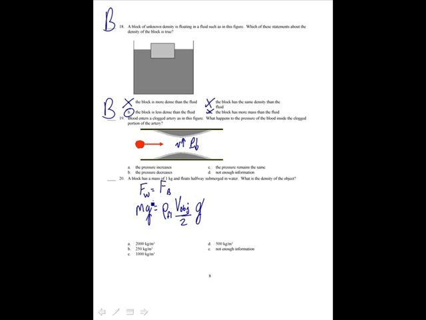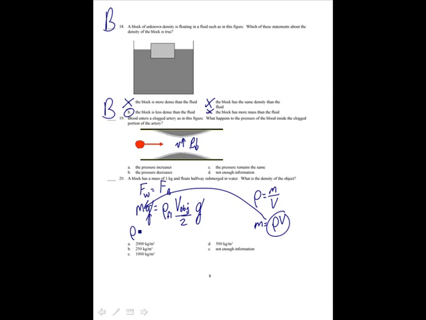So our g's cancel. Now, we want to find the density of the object. We have the mass of the object, and we don't know what it is. And we also have the volume of the object in this equation, which we also don't know. But since density is mass over volume, we can say that mass is equal to density times volume, and then we plug this in for the mass.